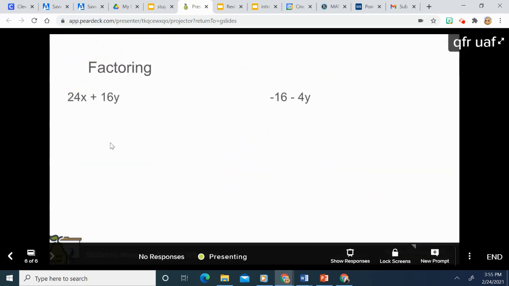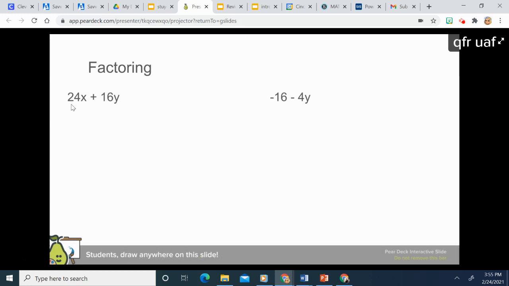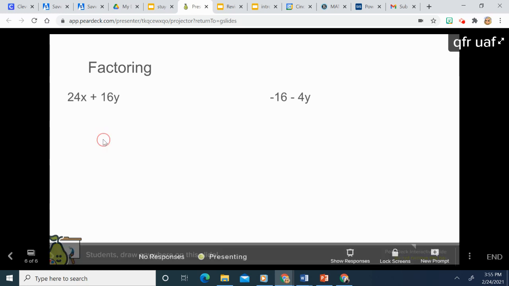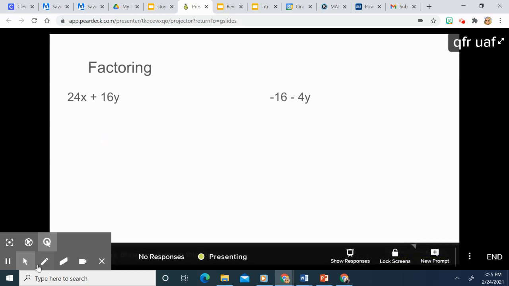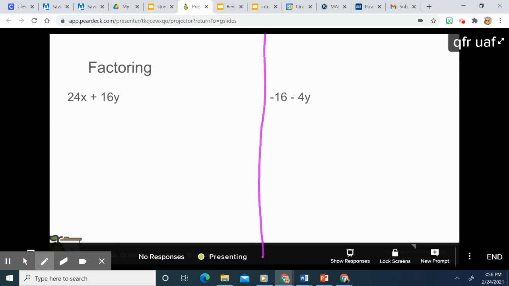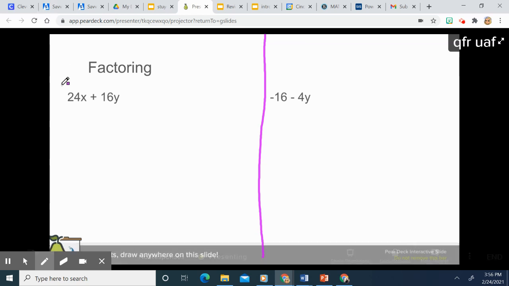Woohoo, last one. Go ahead and answer this first one for me, please. Okay, so on this first one, factoring means we take out a factor that goes into both of them. Now listen, there's a lot of possible answers for this. If the test says use the GCF, then that means we're going to use the greatest common factor.